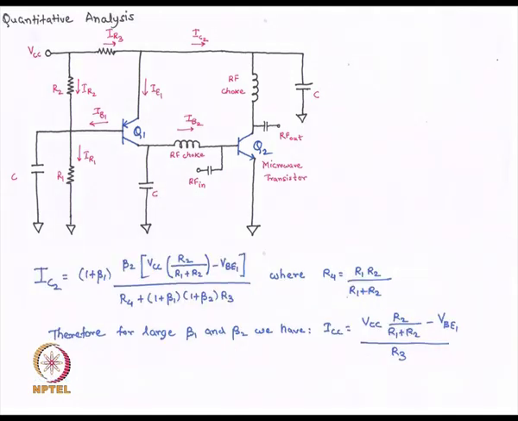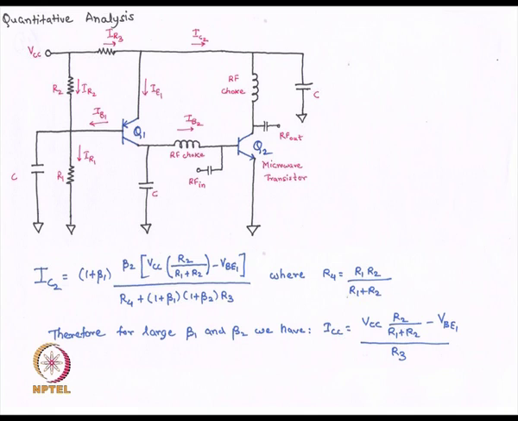Now, quantitatively, if we analyze this circuit, the value of IC2 that we get is this, where beta 1 and beta 2 are the current gains of transistors Q1 and Q2 respectively.